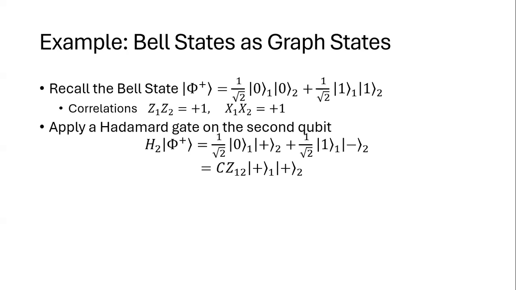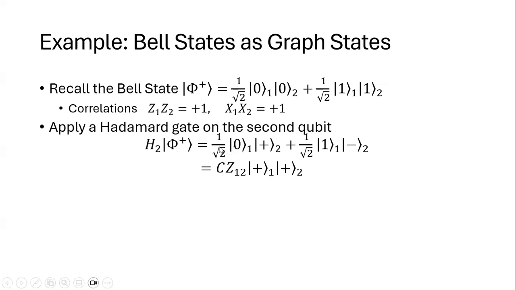Now, assume that you apply a Hadamard gate on the second qubit. So you start from this state, so you have the Bell state, and now you apply Hadamard on the second qubit part of that state. So the 0 becomes a plus, that's what you have here, and the 1 becomes a minus, right? So this is the state that you obtain.